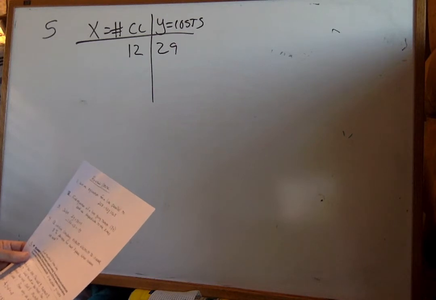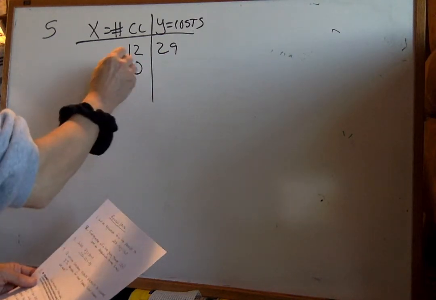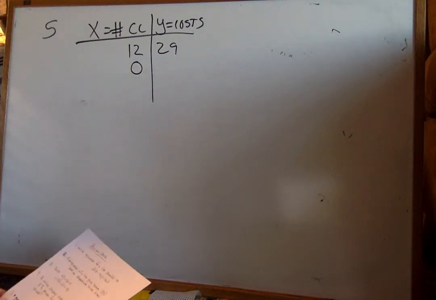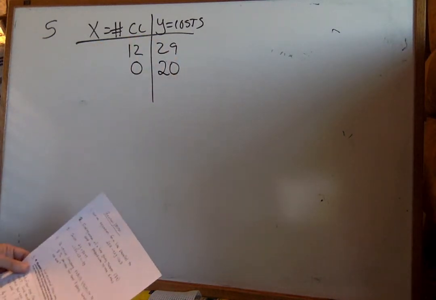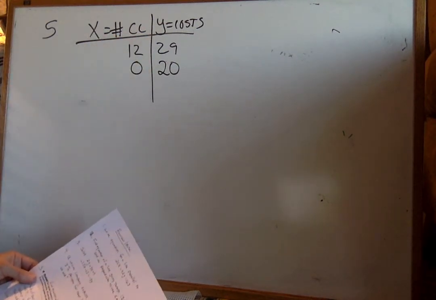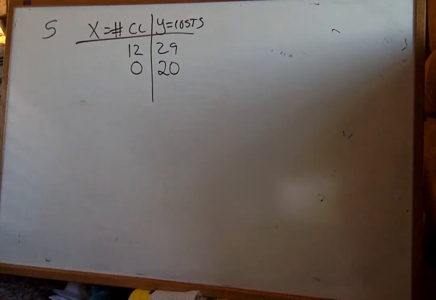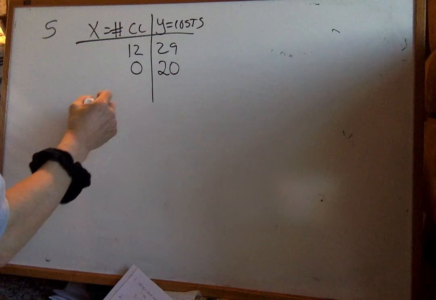All catering jobs have an initial cost of $20, meaning if I order 0 cupcakes, I'm paying a minimum of $20. Apparently, if I order 12 cupcakes, I'm going to pay $29. So those are the 2 points involved, and they said it was a linear line, so we just have to make sure we calculate slope now.